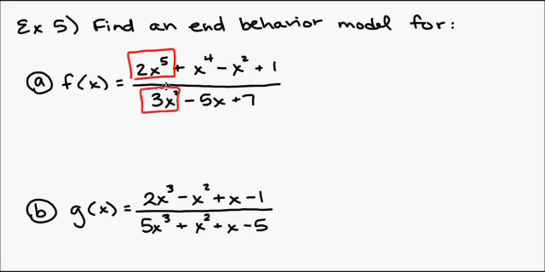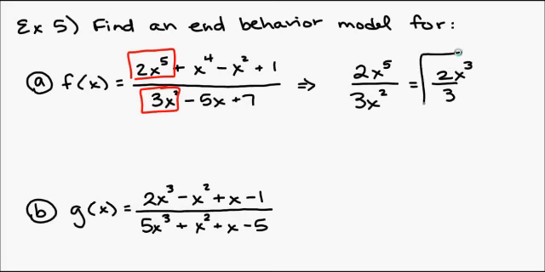On the bottom, if we were just looking at the bottom, it would behave like an x squared graph. But we have the ratio of these. So we're going to look at 2x to the 5th over 3x squared, which is just 2/3. And if we're subtracting the exponents, we have an x cubed in the numerator.